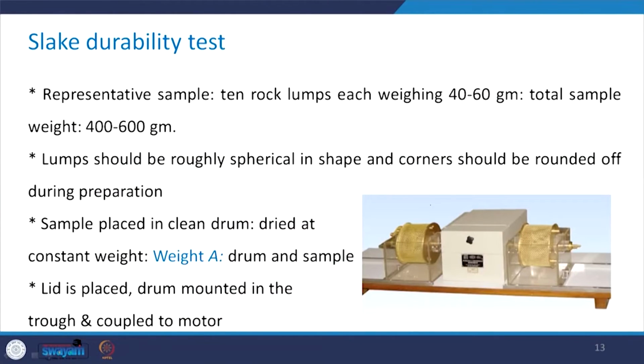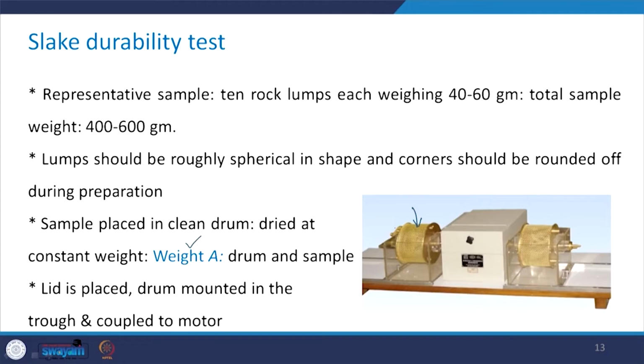Then the sample is placed in the clean drum, which is dried and at constant weight, say it is the weight A. So, before the conduct of the test, when the sample is placed in the drum, you take the weight of it, that is what I am calling weight A. Then the lid is placed.